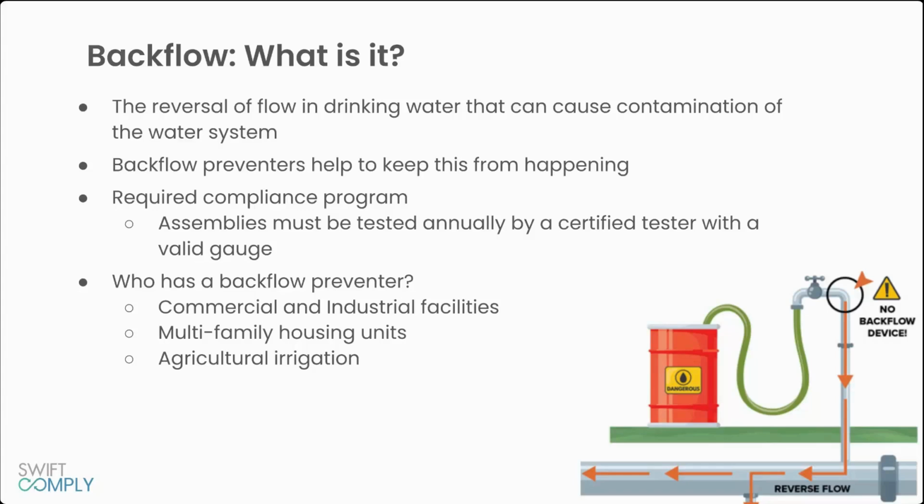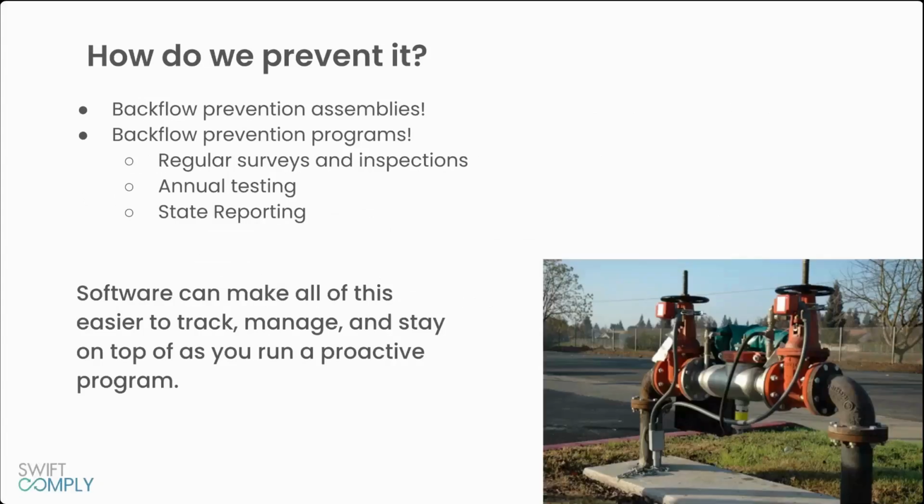At the end of the day, folks involved in these programs have a very important job to prevent this, because there can be a lot of negative impacts from that. How do we prevent it? We talked about this: assemblies, programs, making sure that we're on top of things. A backflow prevention device can look like a number of different things.